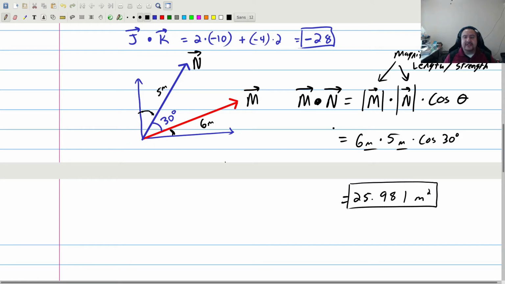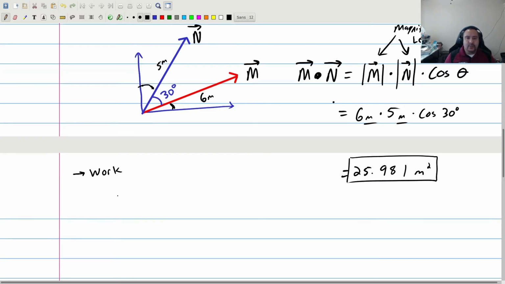It's actually fairly simple. It's pretty easy. Dot products are not very hard. Dot products are great. And why do we use dot products? Well, we use them when we are calculating, most importantly, things like work, which we will be getting to in Physics 1 in a few days here. If you're in Physics 2, you've already seen work. So a dot product is great because it gives you a scalar number.